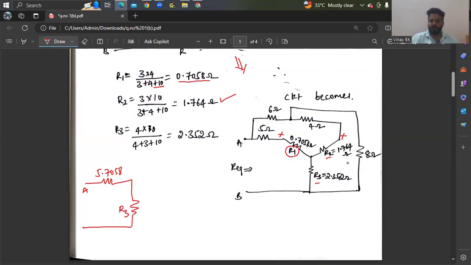R3 is 2.352 ohms. Then R2 and 4 are in series, so if you add that, you get 4 plus 1.764, which is nothing but 5.764 ohm. I hope you're getting this.